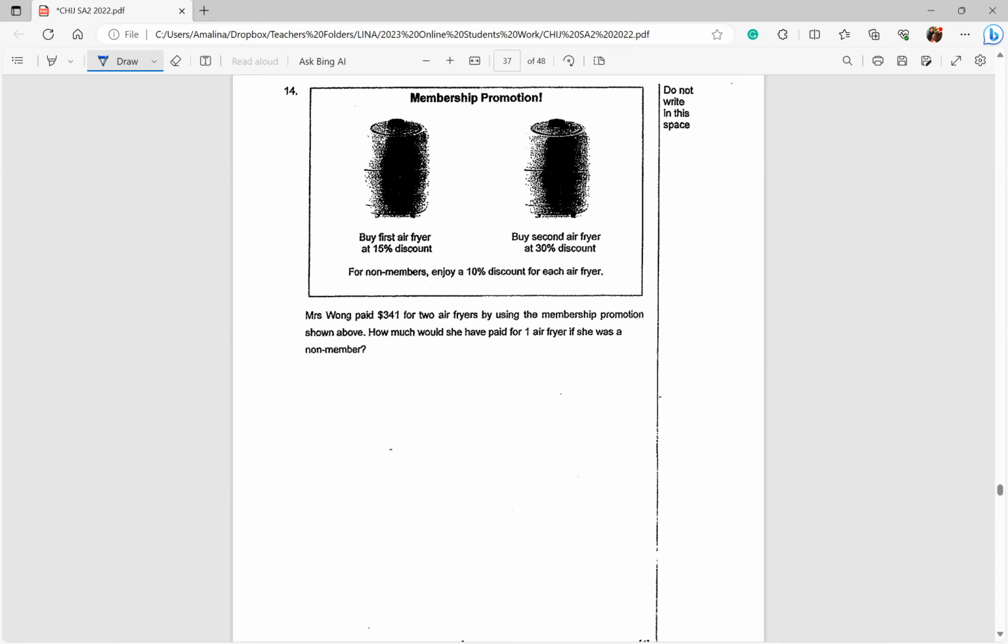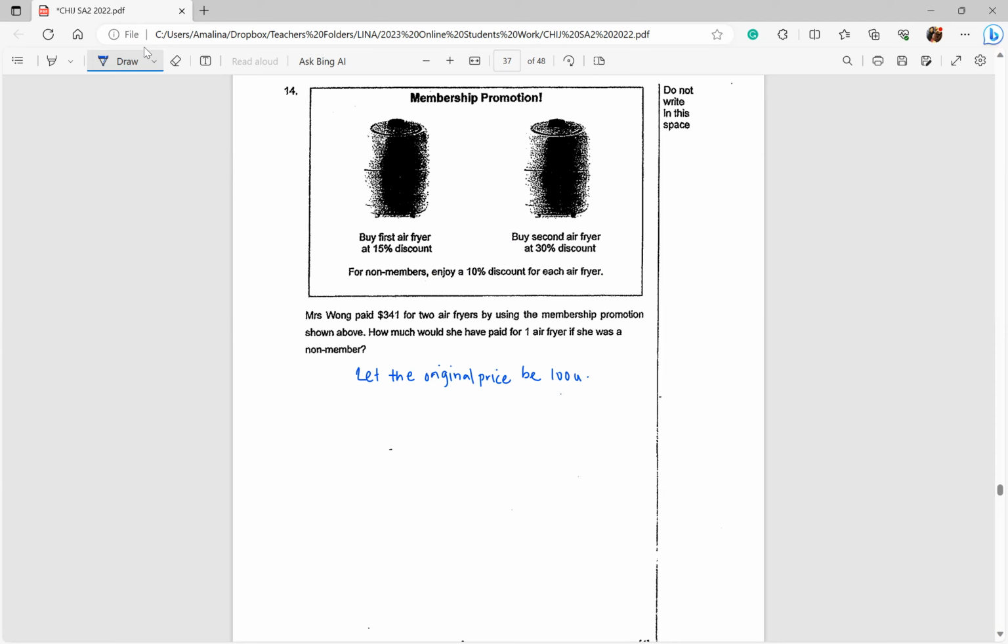The first thing I must do is try to find the terms of the units. So let the original price be 100 units each. So 1 air fryer costs 100 units.